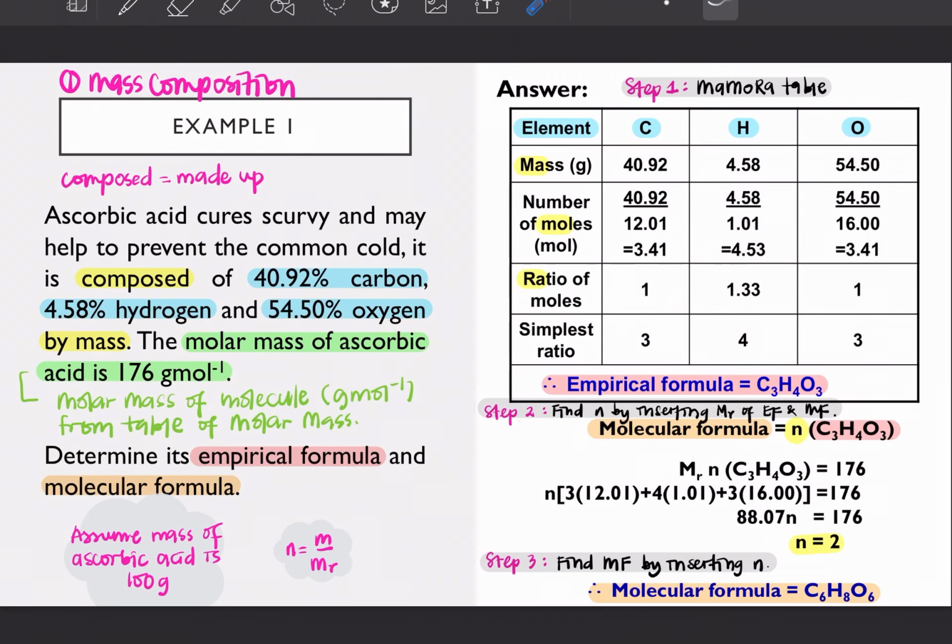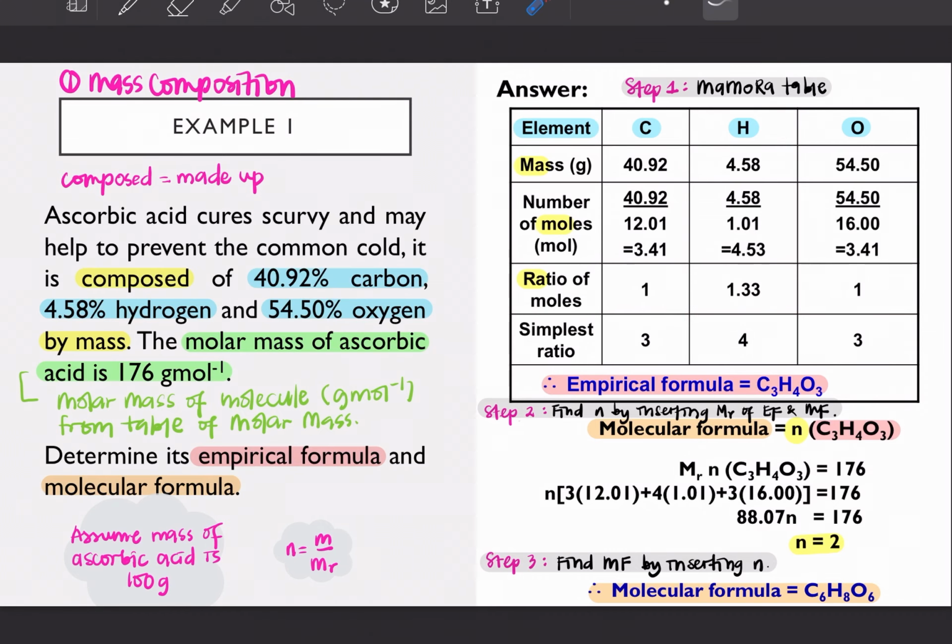The molar mass of ascorbic acid is 176 grams per mole. So it has told you the molar mass and the mass composition of ascorbic acid. You know how many percent of each element is in the ascorbic acid. Now it asks you to determine its empirical formula and molecular formula.